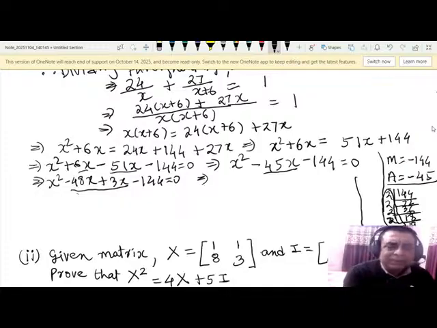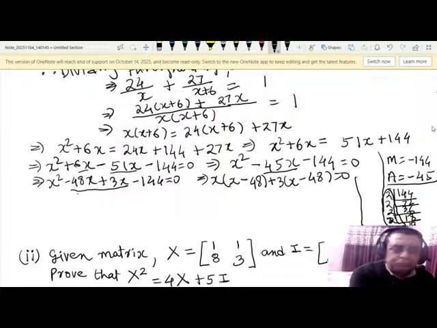Now take x common from the first two terms. x squared divided by x is x, minus 48x divided by x is minus 48. From the next two terms you take 3 common. So we get x minus 48, equal to 0.